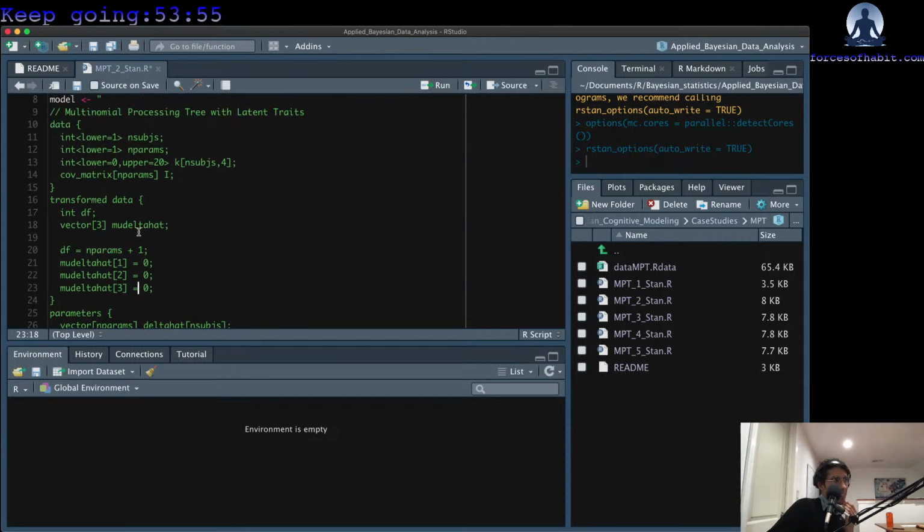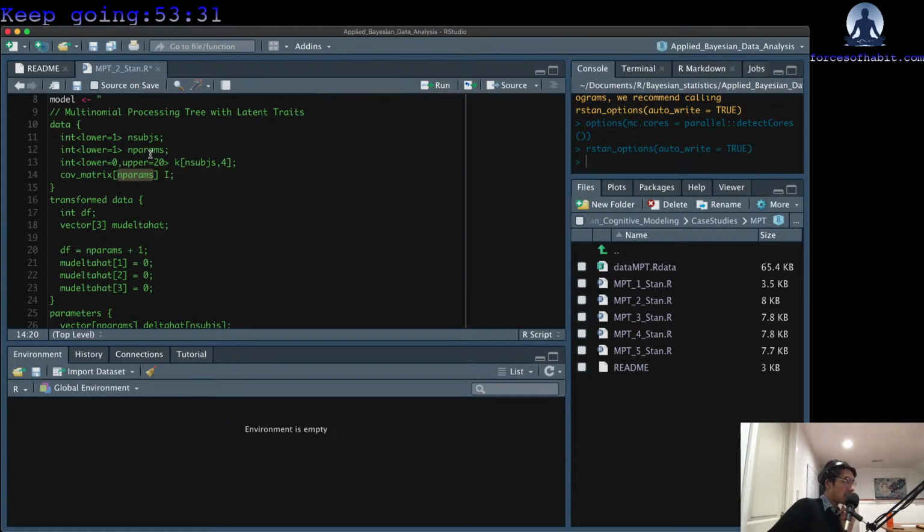I forgot that we're also setting up a covariance matrix here. So the covariance matrix is K by K, so it's a number of parameters by number of parameters dimensional matrix, which is symmetric, positive definite.